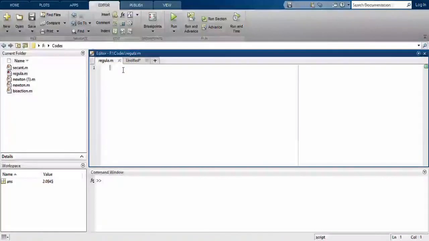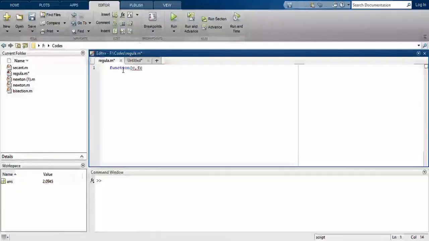So in the first step, what you require is the function. Make sure that you haven't made any spelling mistakes, and what you require is the root. So I call it c, and fc is the function value.